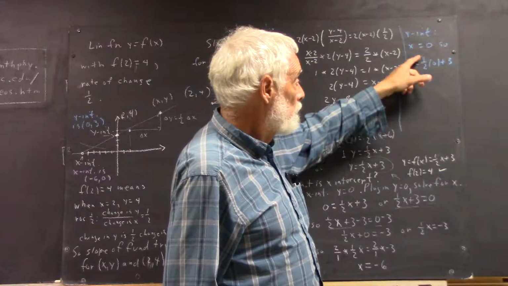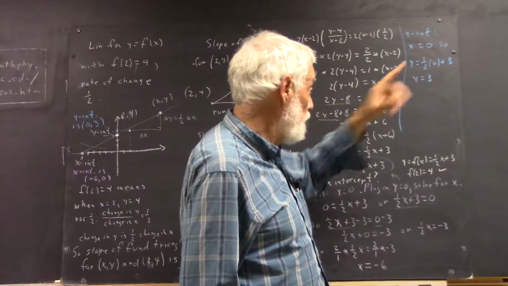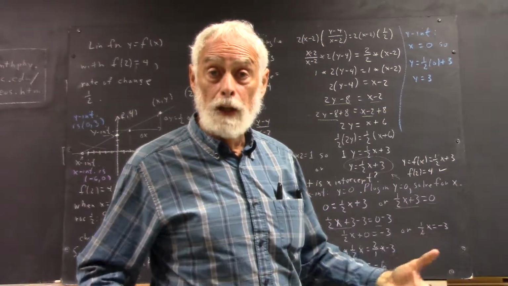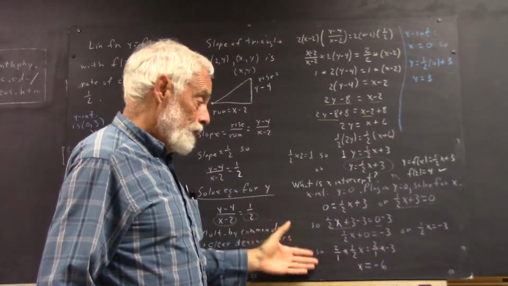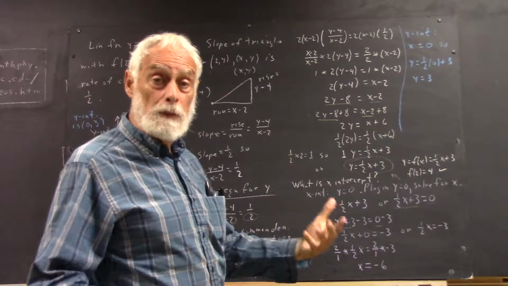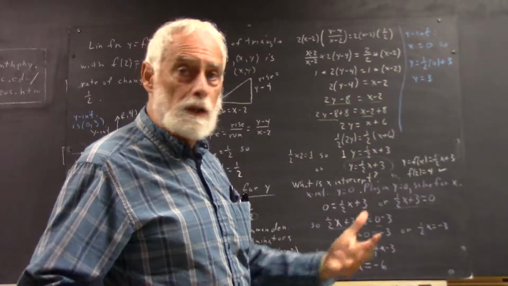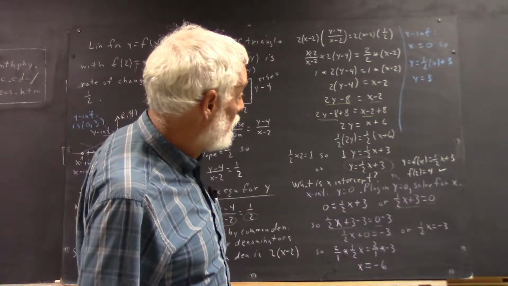Here y equals 1/2 x plus 3 becomes 1/2 times 0 plus 3. 1/2 of 0 is 0, so y equals 3. It's often very easy to find the y-intercept. It's often somewhat more difficult to find the x-intercept, even more difficult if you've got quadratic functions or various polynomial functions, exponential functions, and so forth.